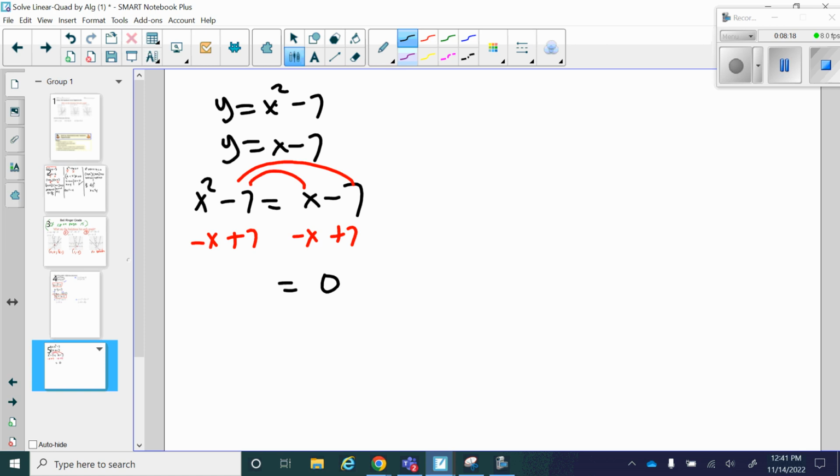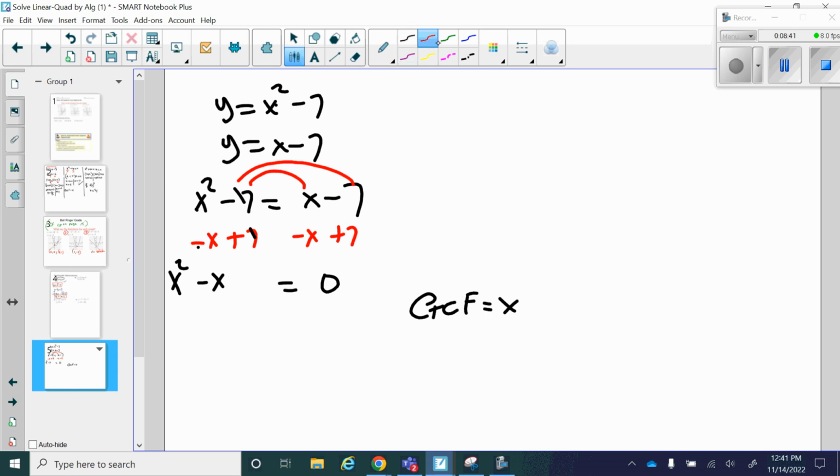On the left side, what do I have left? Well, I have 1x squared. I have minus x, and the 7's cancel out each other. So now I'm left with x squared minus x equals 0. To factor this, I'm just going to find the GCF. The GCF is equal to x.